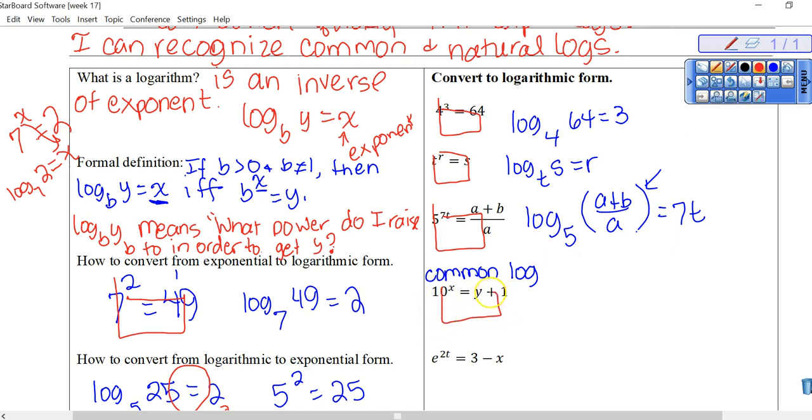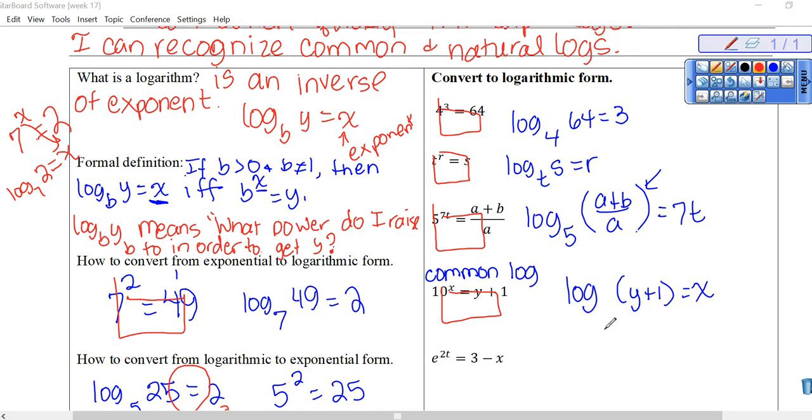We just know that we're going to do the log, and then we're going to imagine an invisible 10, of y plus 1 equals x. I don't want to see a 10 when it's a base 10 log, because that's the common log.